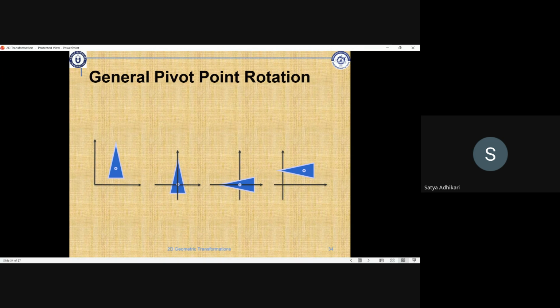So this is a rotation of an object with respect to any pivot point other than the origin. The process is simple. You only translate to the origin. Once it comes to the origin, it is simple to rotate, and after rotation, never forget to take it back to its original position using inverse translation.